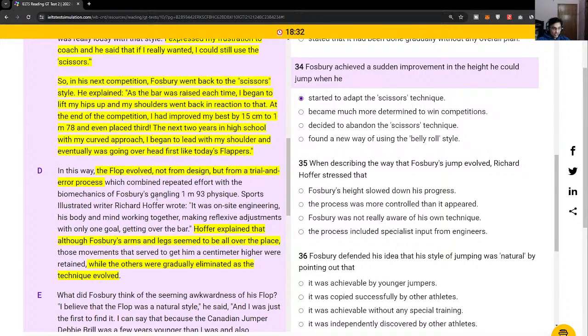Sports Illustrated writer Richard Hoffer wrote about how Fosbury's jump evolved. The process was more controlled than it appeared, not really well-wisdom technique. The process included specialist input from engineers.